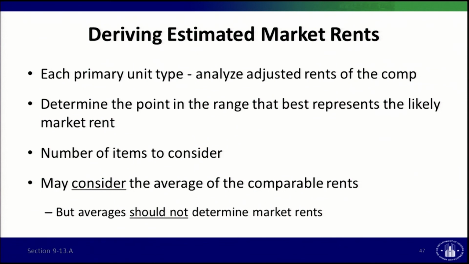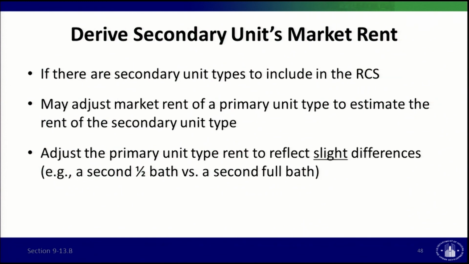You can consider averages, but there may be reasons why you would select either higher or lower in the range. If there are secondary units in the project, then you would adjust the market rent for the primary rent to reflect the differences between the primary and the secondary units.